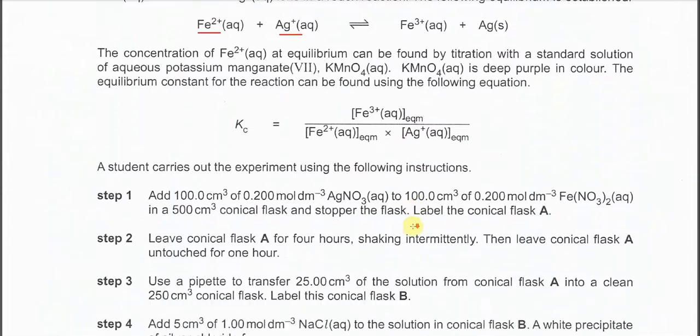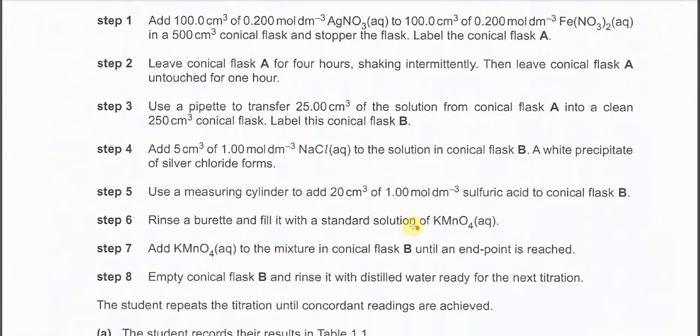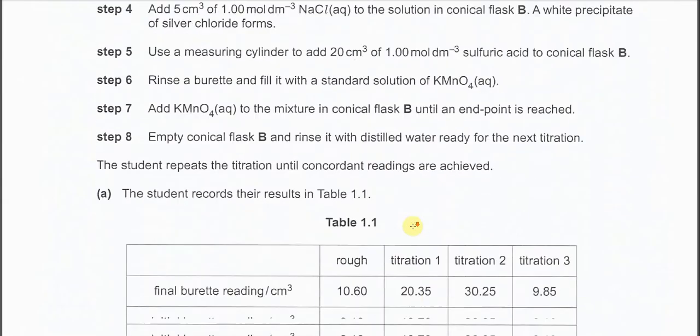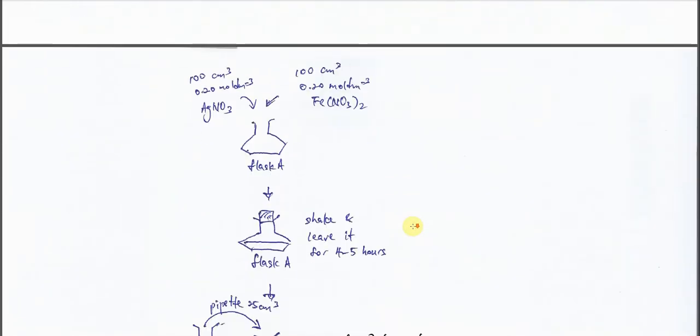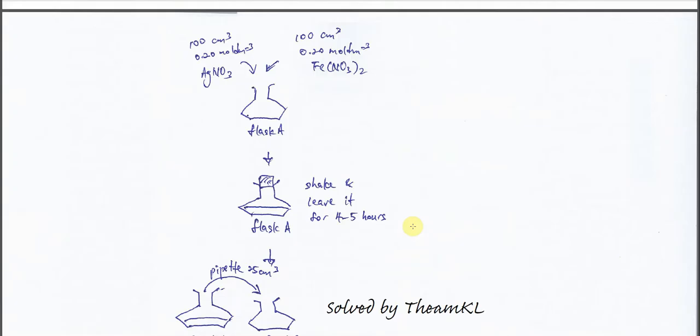In this question we have a few steps, about 8 steps. To make it fast, I will just discuss using this diagram. First, in order to start the reaction, we need to put the silver nitrate solution and the iron 2 nitrate solution.